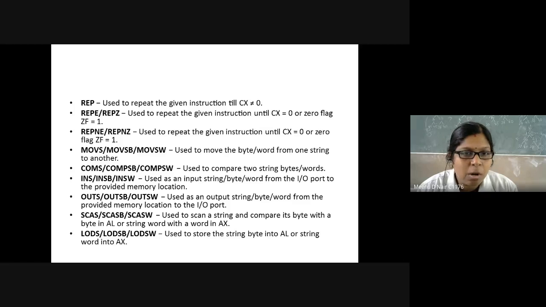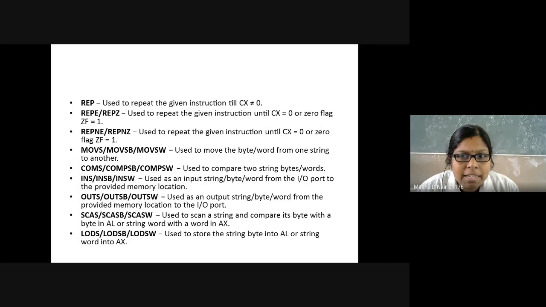That is REPE or REPZ. It means your zero flag is set to 1. When your zero flag is set to 1, the result CX is equal to 0. Then either CX is equal to 0 or zero flag is equal to 1, and you have to repeat the instruction. That is REP and REPE or REPZ. Then REPNE or REPNZ.